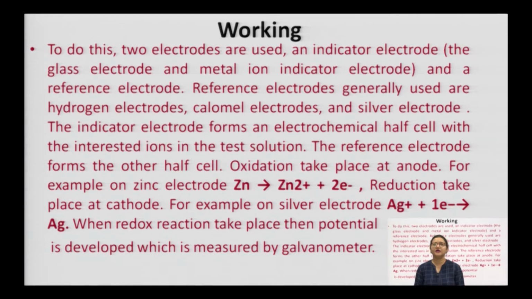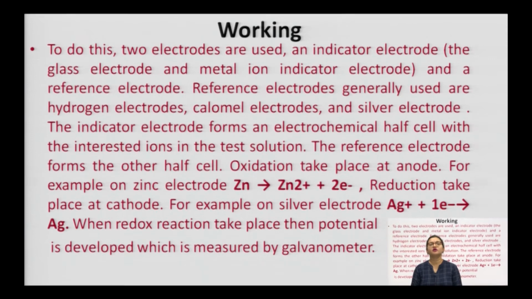For example, here I have quoted an example, visible on the slide, of zinc, which undergoes a reaction by leaving out two electrons and forming a cation, Zn2+. Then reduction takes place at the cathode, so reduction will occur at the cathode and oxidation will occur at the anode. For example, the silver electrode: Ag+ leaves out one electron and forms neutral silver, Ag.